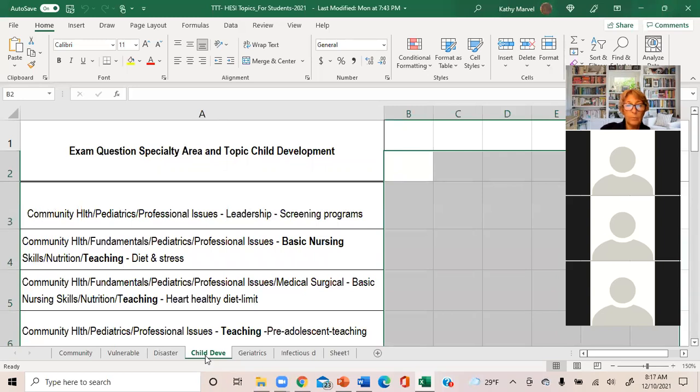Child development. Here are some other areas that came up within this topic. Screening programs. What might you get asked about screening programs?